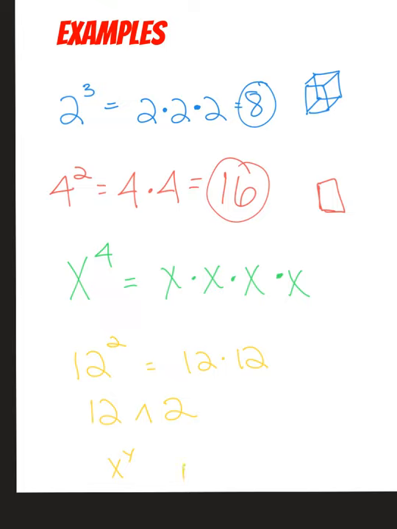So I would type in 12, then that XY button, and then I would type in 2 and hit equals. And that will give you the number. This is the button that you look for on your iPhone, and on your calculator, to be able to do larger exponents or raise something to whatever power you need.